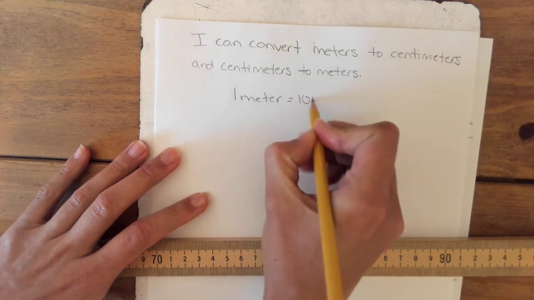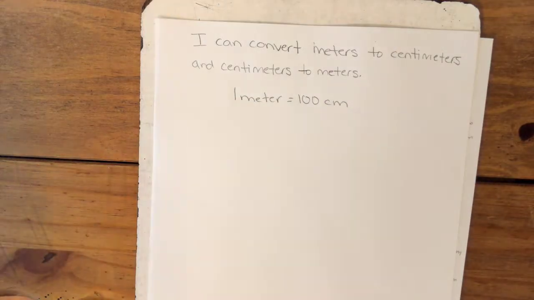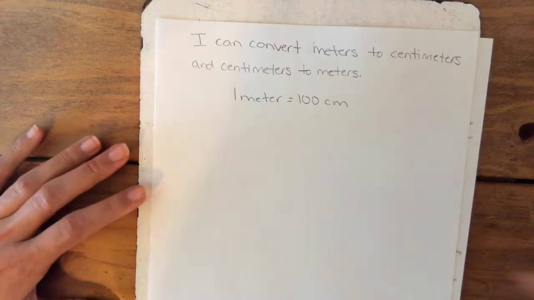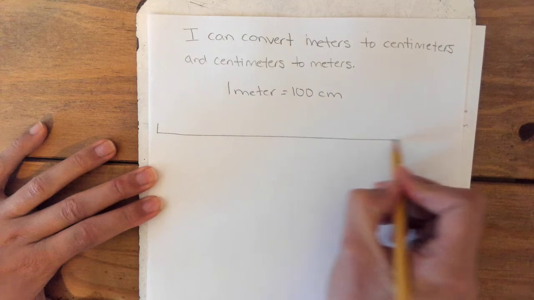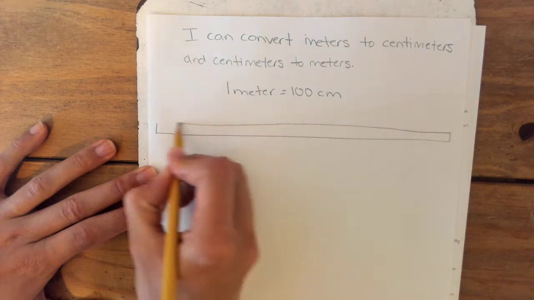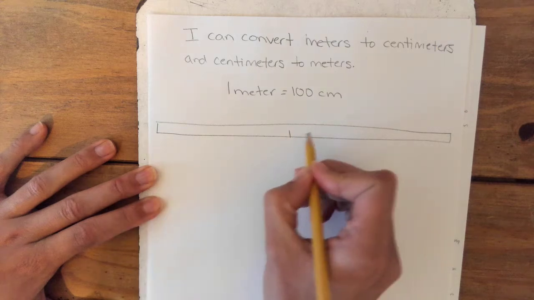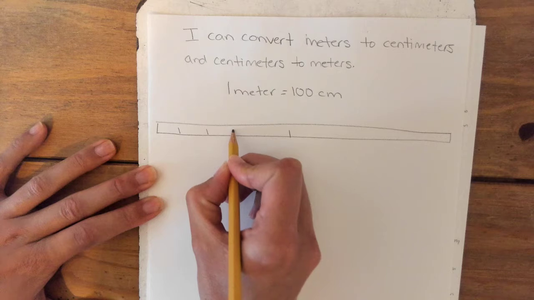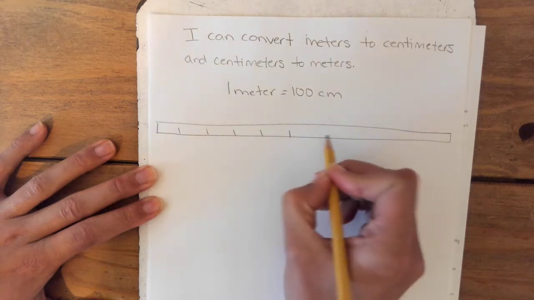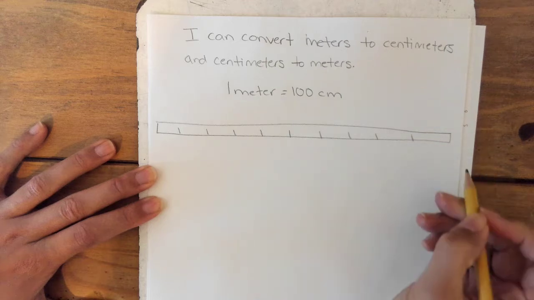equals 100 centimeters. So I'm going to just draw, since this is such a large meter stick that I can't fit it in the screen, I'm going to just draw a model for myself to refer back to. So we have, I'm going to do 50 in the middle first, 10, 20, 30, 40, 50, 60, 70, 80, 90, 100.